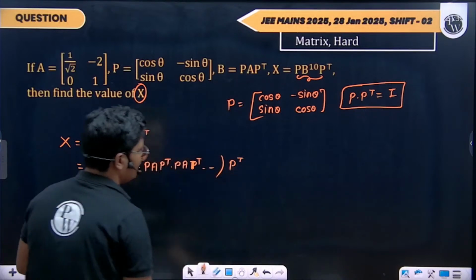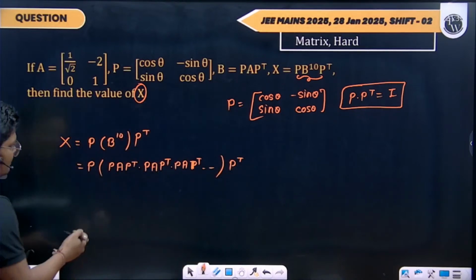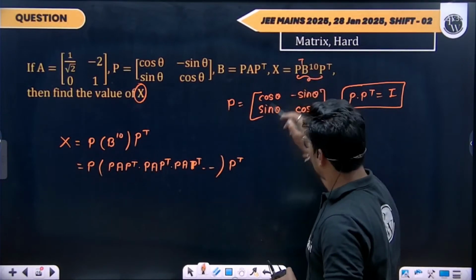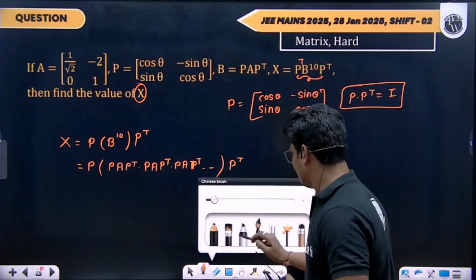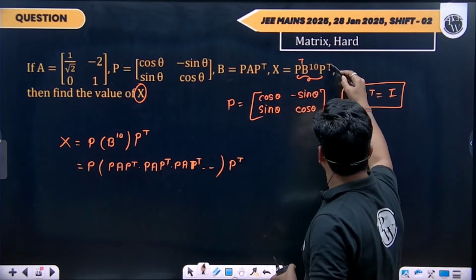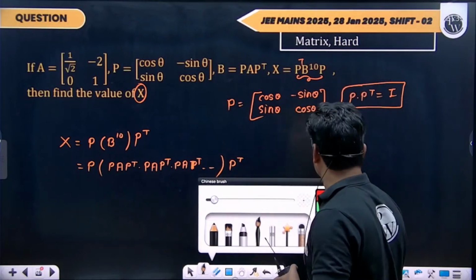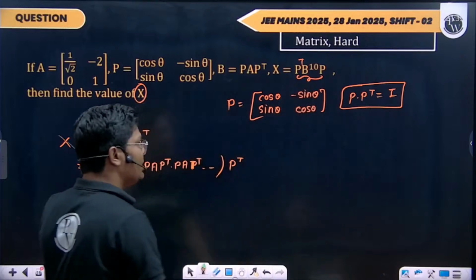Sorry, there is a correction in this question. Here it should be transpose of P, and this should be P. This should be transpose of P in the starting, and in the ending it should be P.